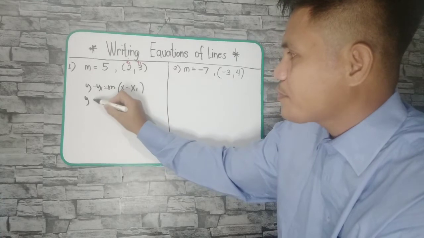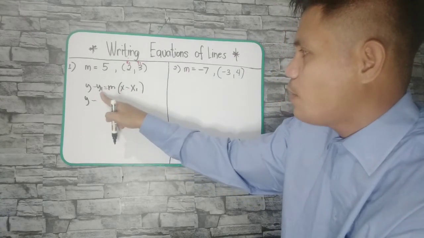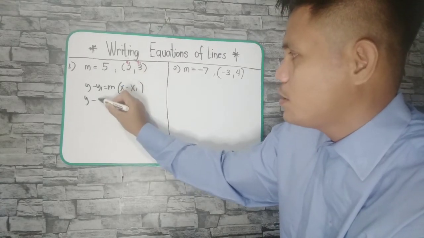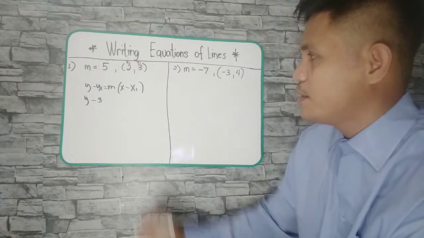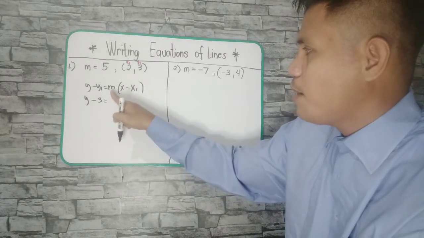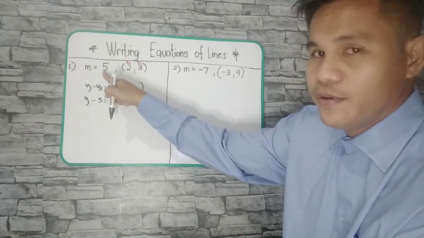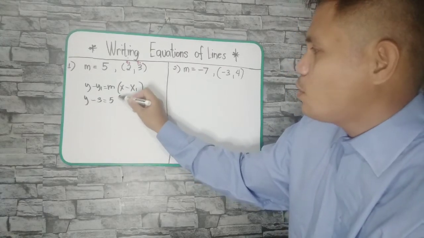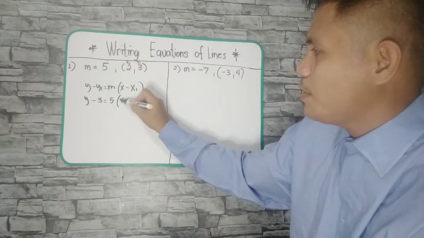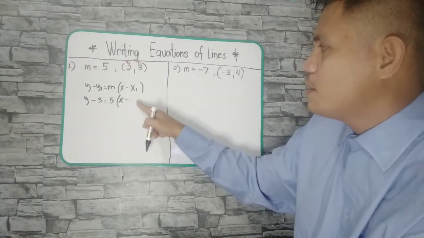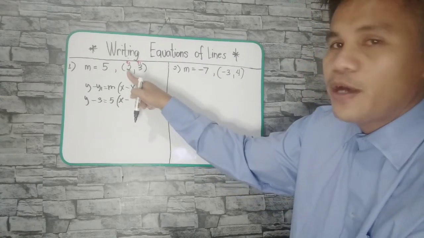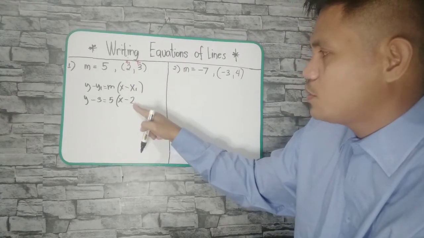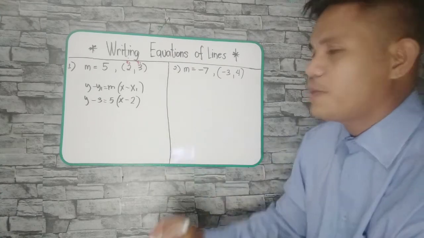Copy y minus, what is our y1? Positive 3. So just copy 3. Equals m is positive 5, or the slope, quantity x minus our x sub 1, which is positive 2. Just write 2 and then close parenthesis.